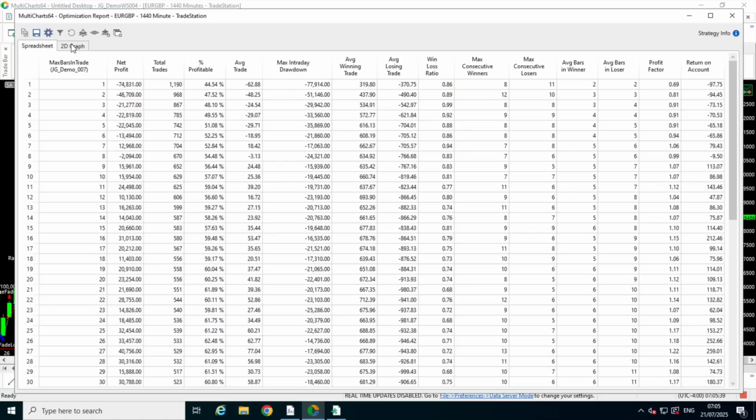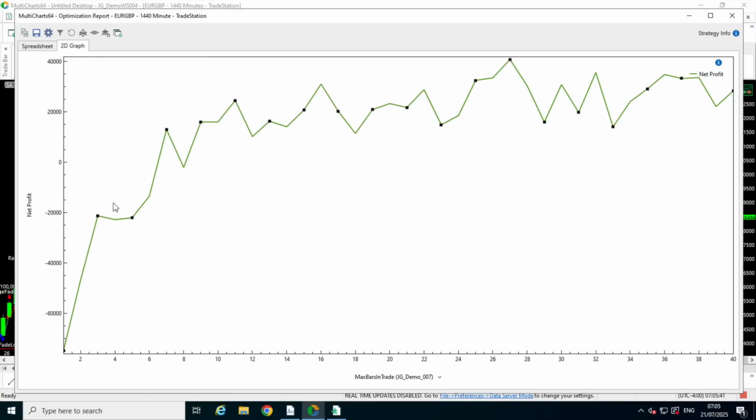If we look at the 2D graph, it gives us a better idea. And you can see from 1 bar, that's going to be very losing, right up until about 7 or 8 bars, we're actually losing money. And then you can see that it sort of progressively goes up and up as we stay in the trade for longer until about 40 bars.